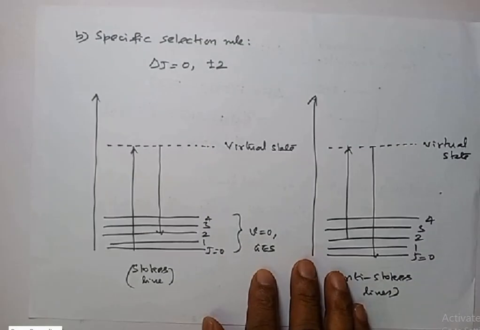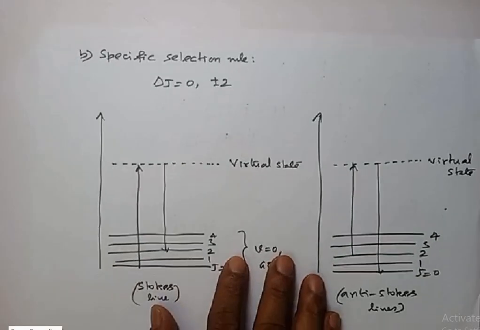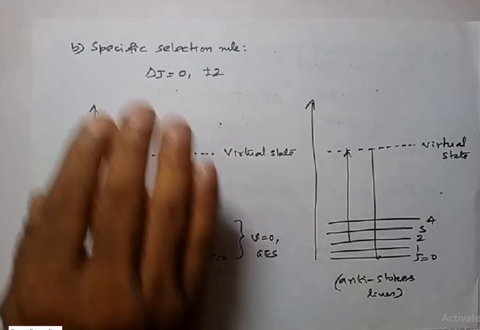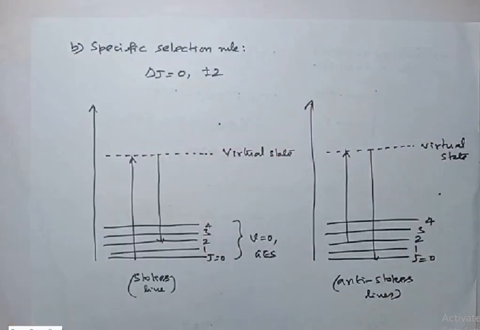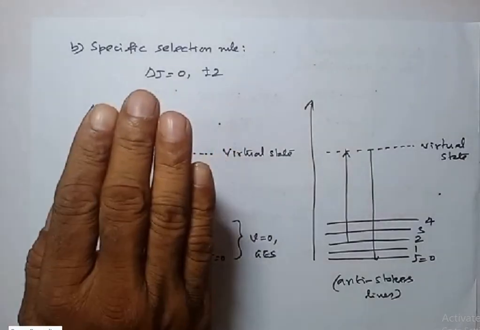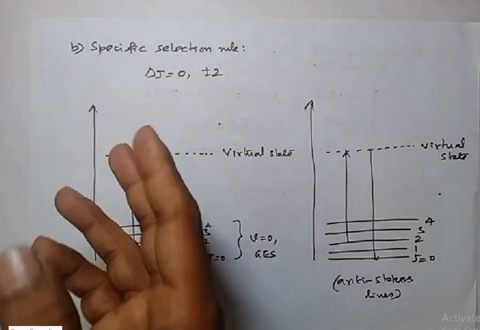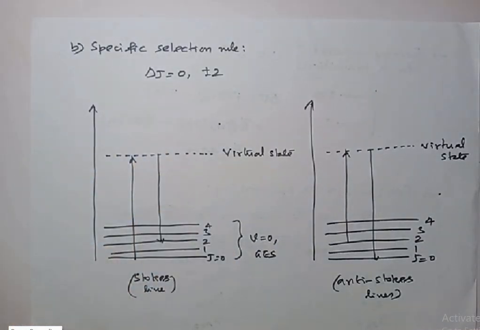Now we'll move on to the specific selection rule. Listen, this specific selection rule comes from quantum mechanical information, which we are not going to discuss. We have a concept called the transition dipole moment integral.